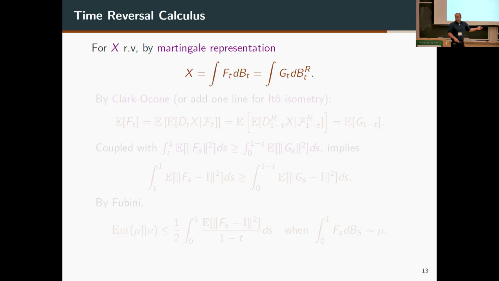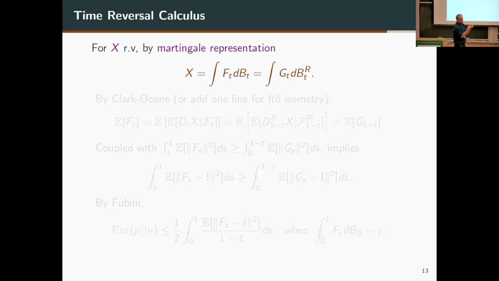But it also has a martingale representation with respect to any other Brownian motion on the Wiener space. So it also has a martingale representation with respect to the reverse Brownian motion, which will give it another, different diffusion coefficient. And you can ask, how are those 2 diffusion coefficients related?